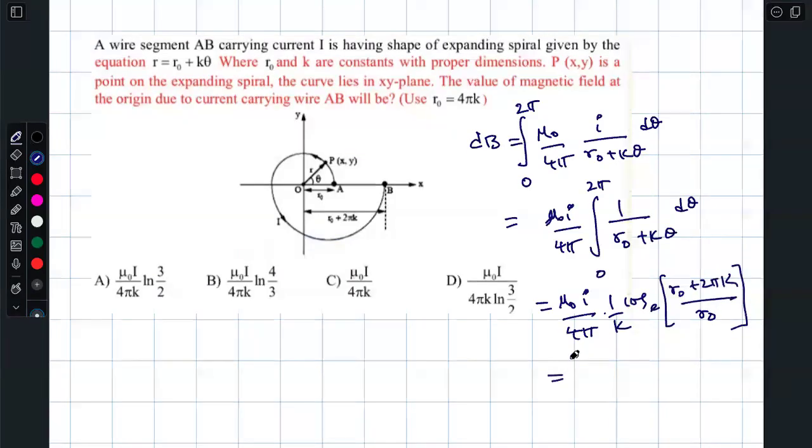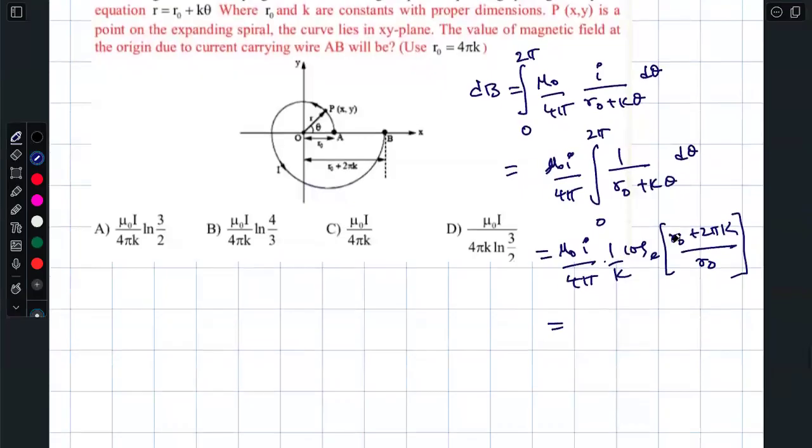Remember, they have given R naught as 4 pi K, and the numerator is 6 pi K, denominator 4 pi K. So this will become mu naught I by 4 pi K, natural logarithm of 3 by 2. This is B.